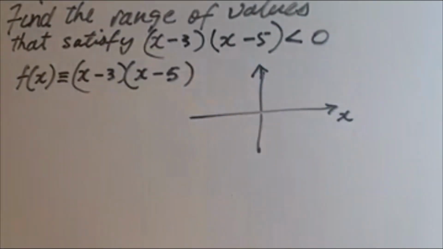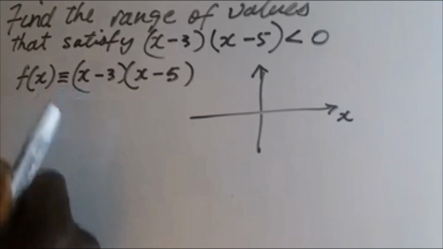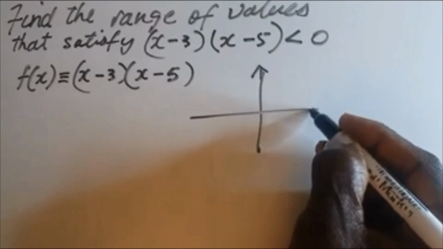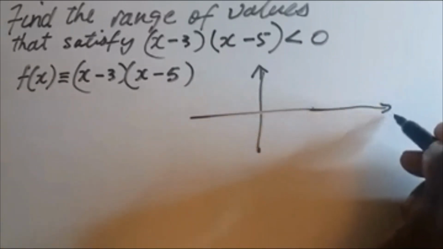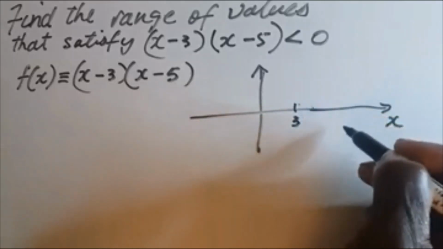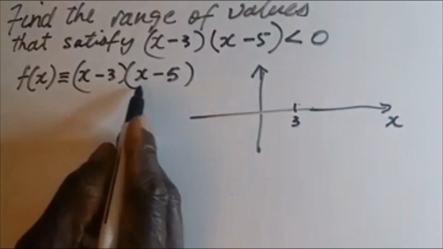Now the zeros in this function will be at 3 and 5.